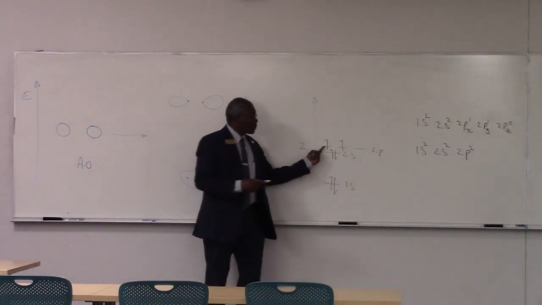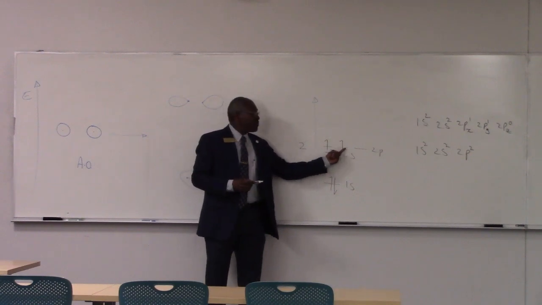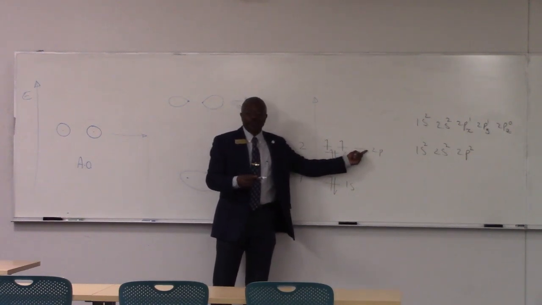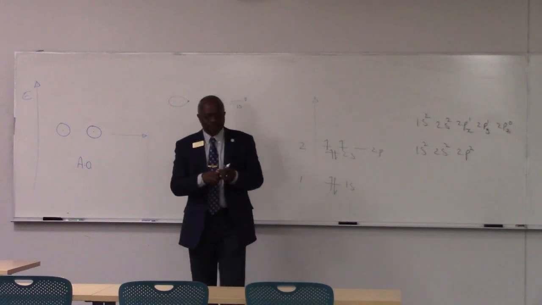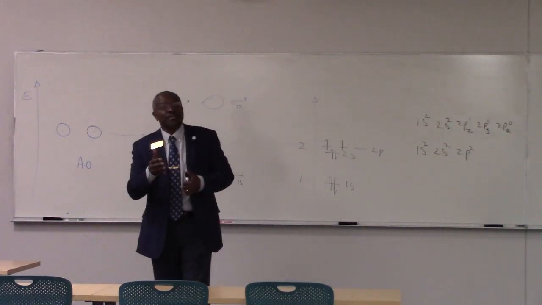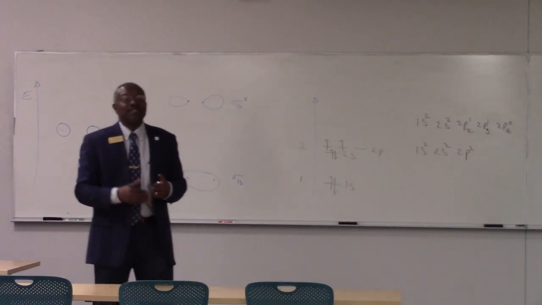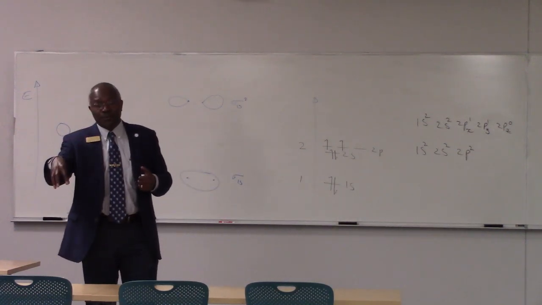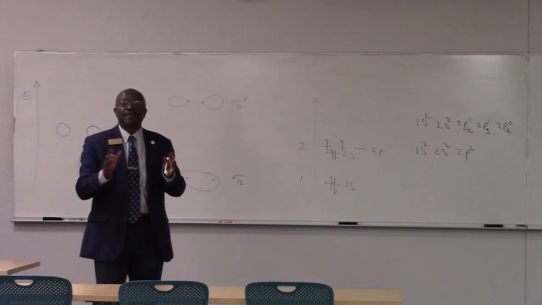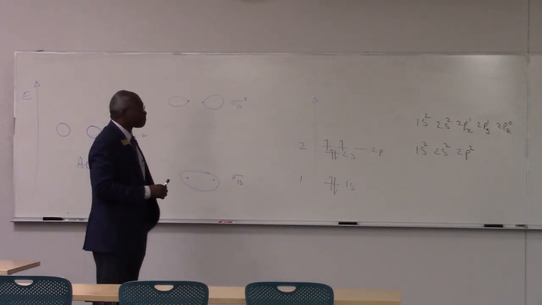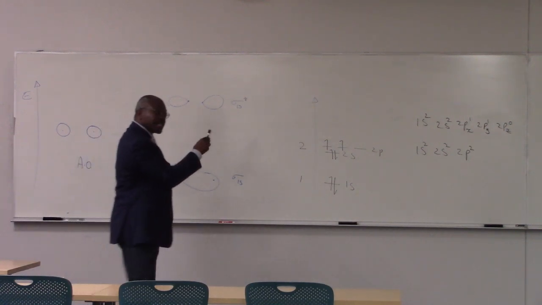Right? So 2px1, 2py1, 2pz0. It's not customary to indicate the vacant orbitals unless there's an intention, as your discussion proceeds, to somehow occupy those vacant orbitals, unless it's somehow germane to the conversation. Okay, so let's keep that in mind.